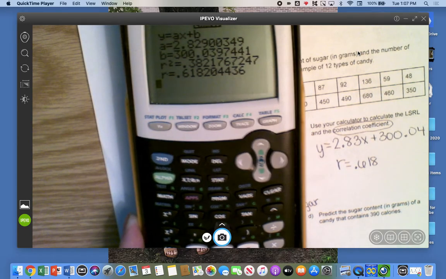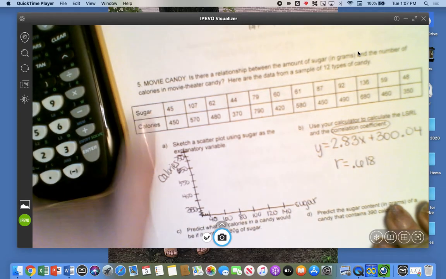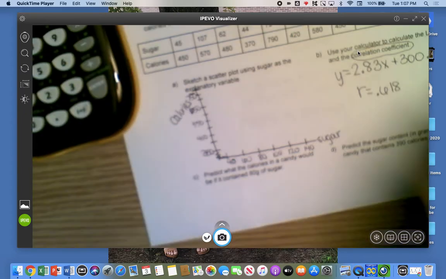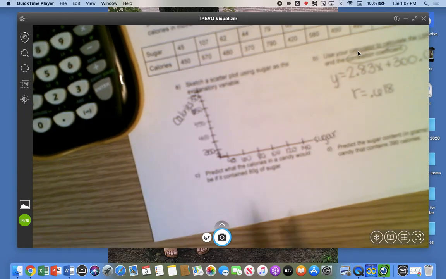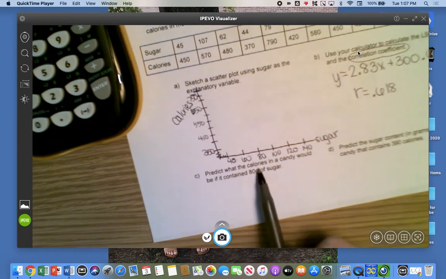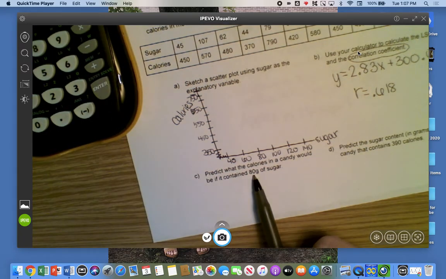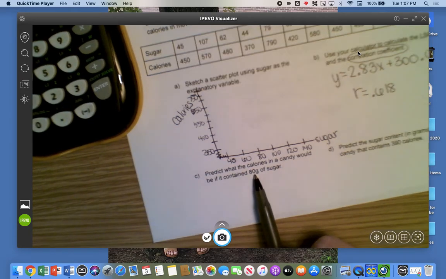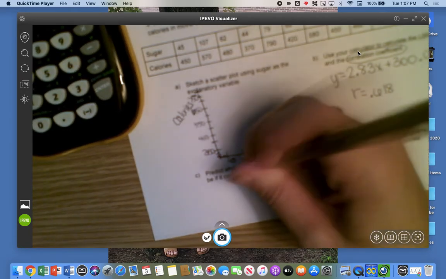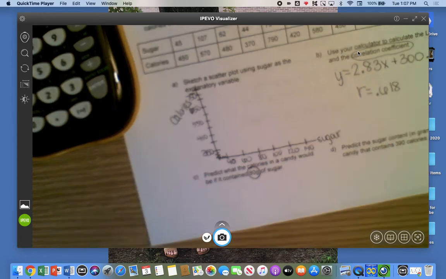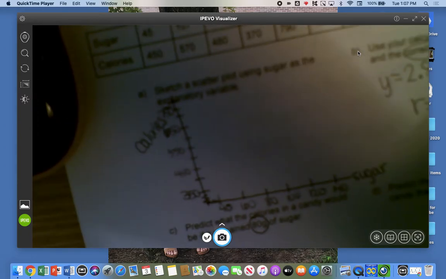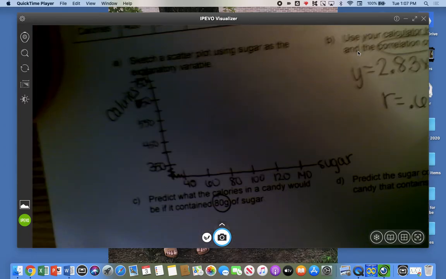All right, so we've answered both of those questions. Now, we are going to use our equation, and you can use your calculators. We are first going to predict the calories in a candy if it contained 80 grams of sugar. So we are actually going to plug 80 into the equation. But if it's 80 grams of sugar, are we plugging it in for X or Y? All right, X is our grams of sugar.